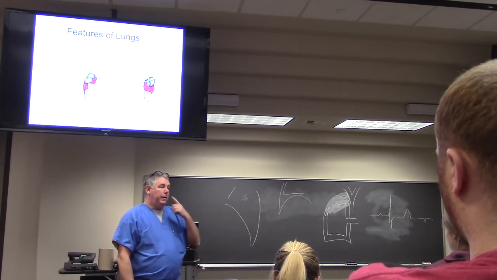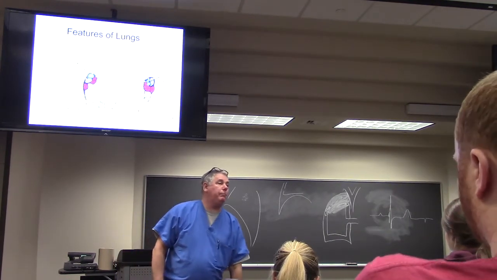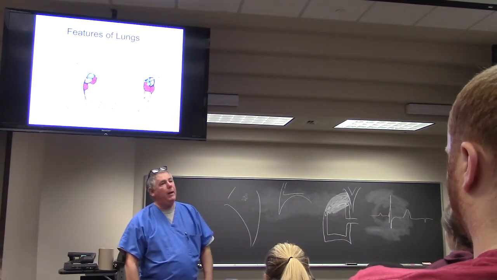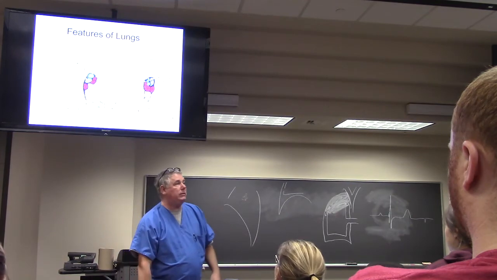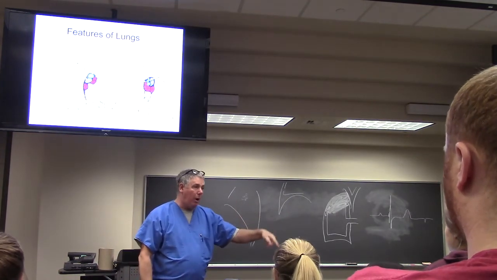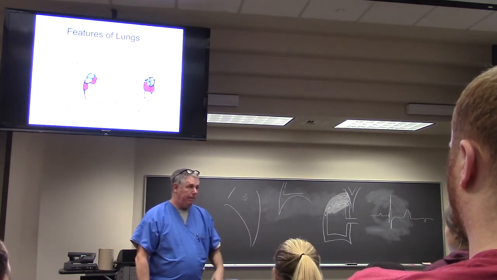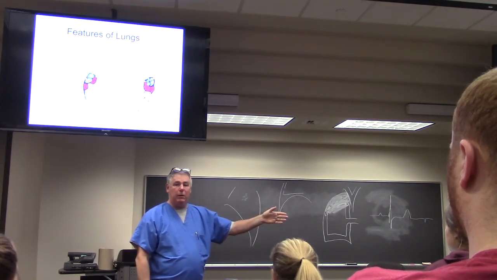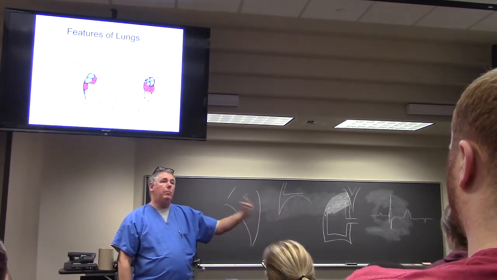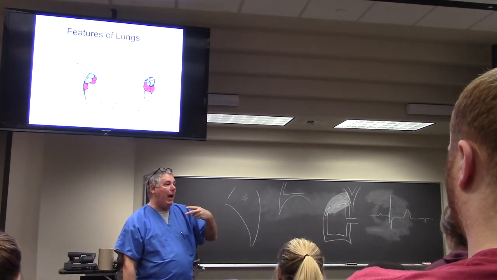When you look at the lungs, this is what you're going to see. If you make your cut absolutely perfect, you'll have a slice through the main bronchus. You'll have 1 pulmonary artery going into the lungs, and you have 2 pulmonary veins coming back out.